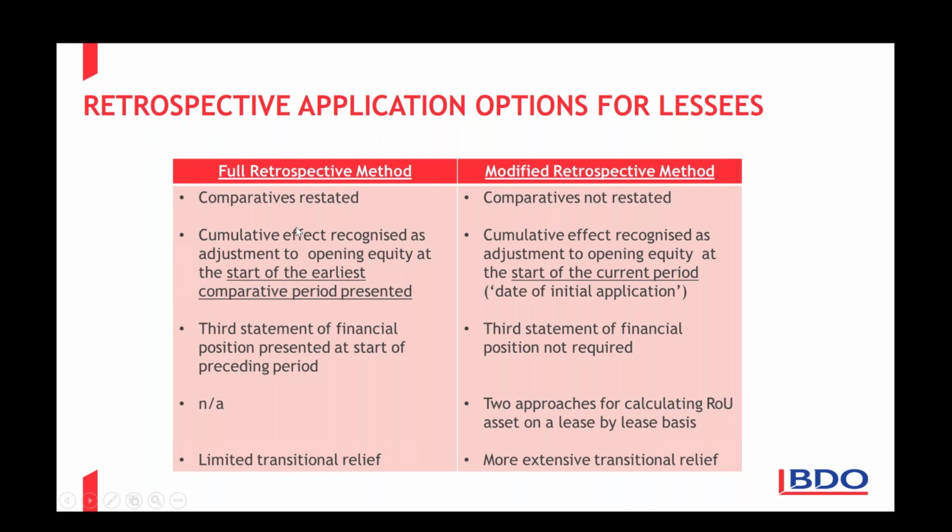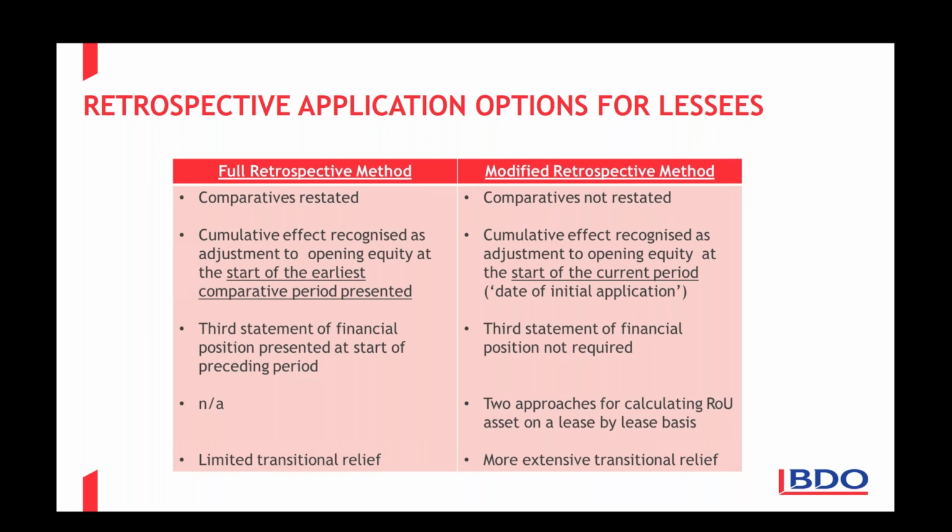And then also there's limited transitional relief. Now the transitional relief that we're talking about here is transitional relief in relation to calculations, and the extent to which you have to go back in the past. So if you do full retrospective disclosure method, you have limited relief around your calculations aspect.